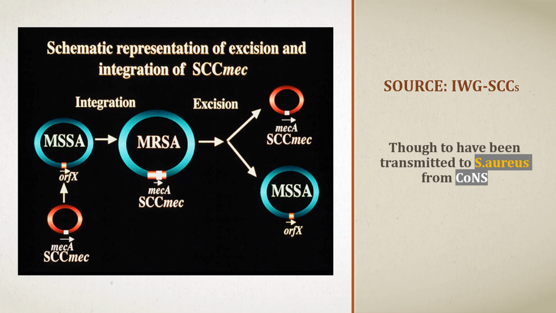The first one is that SCCs of coagulase negative staphylococci are more numerous and versatile than those of Staph aureus. They also discovered identical genes of Staph aureus SCCmec in coagulase negative staphylococci. And the third strong evidence is that they observed SCC transmission from coagulase negative staph into Staph aureus in vivo.